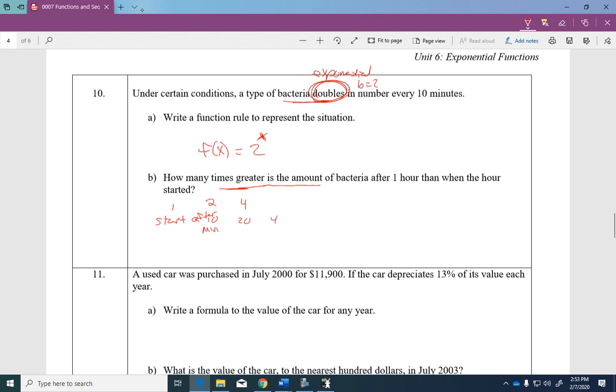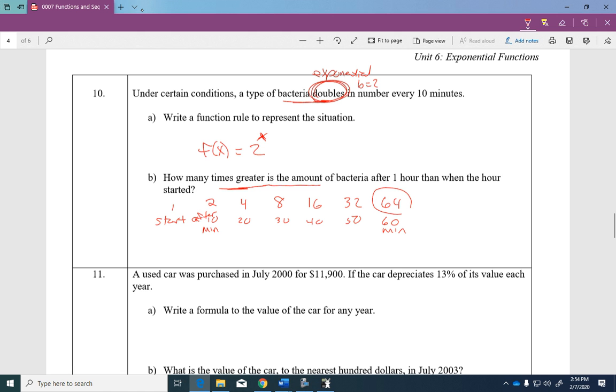After 30 minutes, 40 minutes, 10, 20, 30, 40, 50, 60. I'm going to 60 minutes because 60 minutes is an hour. It's doubling each time, so this is 8, 16, 32, and 64. The question is, how many times greater is the amount of bacteria after 1 hour?